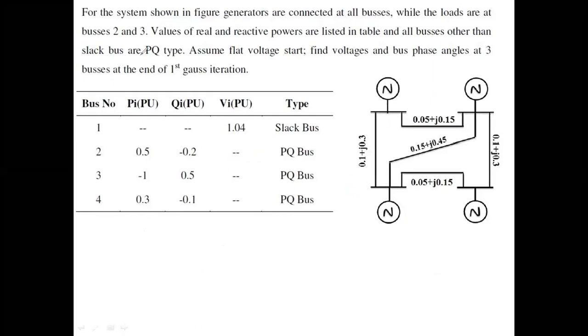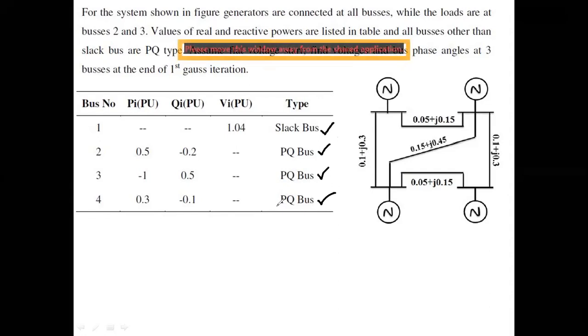The only difference is, you see here, the first bus is a slack bus, the second bus is a PQ bus, the third bus is also a PQ bus, and the fourth bus is also a PQ bus. Everything is the same: again we are considering the same 4-bus system, and the same real powers and reactive powers.